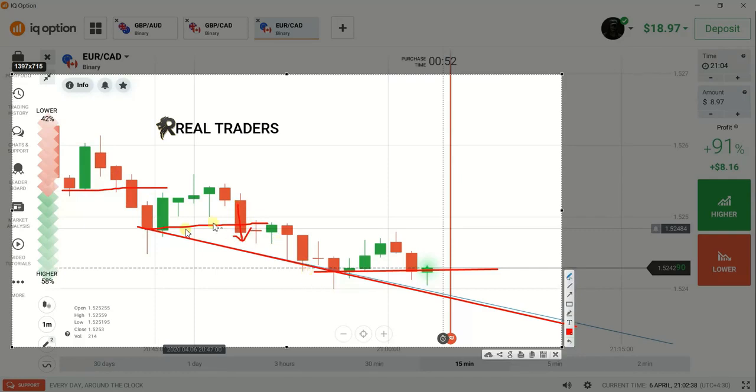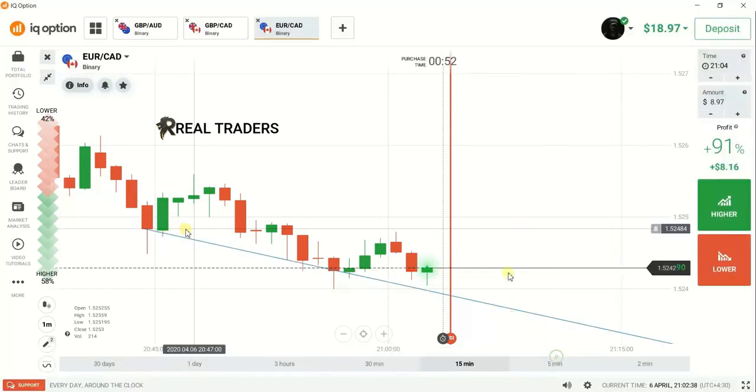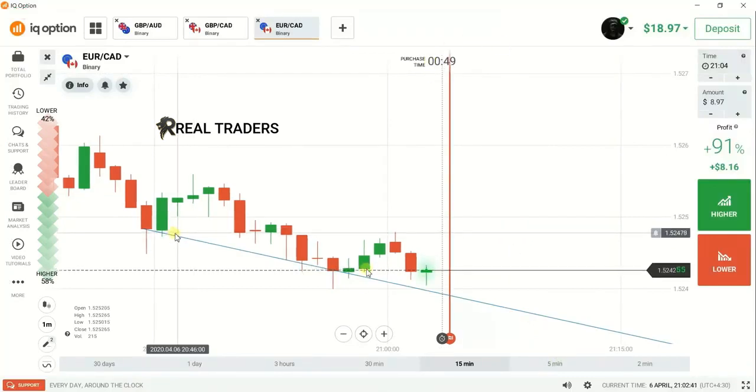So if you want to see the future, look at the past. If you look at the past, you can see the market didn't respect the previous level and it is breaking the levels. So that's why I didn't trust this level, and I was thinking of a lower option, but I missed this trend because of time.